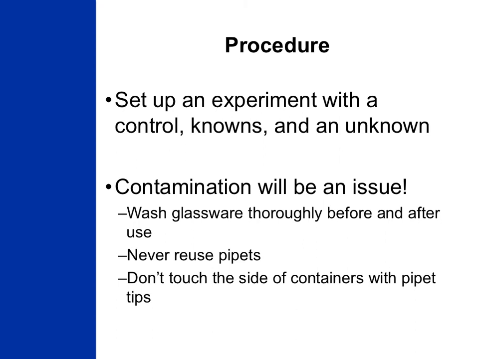Make sure that you never reuse any pipettes, and you definitely don't use one pipette and then put it into the next solution or the next container. Also make sure that you're very careful when you're dispensing reagents that you don't touch the side of any kind of container with that pipette tip, because that's going to contaminate your solution and our stock solutions as well.